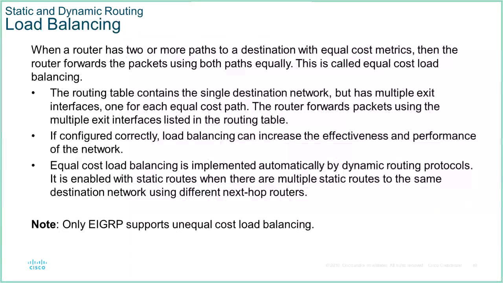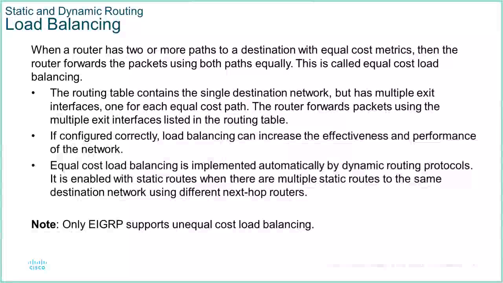EIGRP supports unequal cost. So what I can do is put a variance in this protocol and say the best path costs me, say, 60. If I put a variance of 2 into its calculation, it'll accept paths up to 2 times that cost.